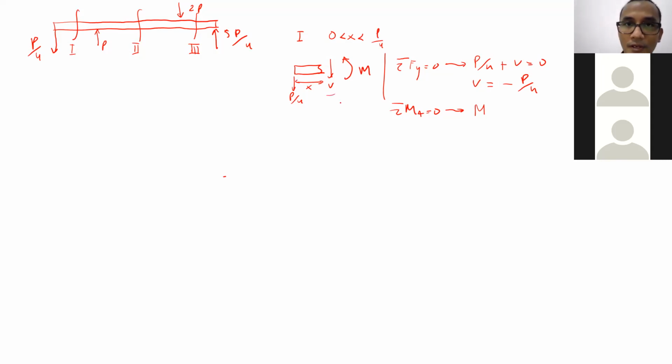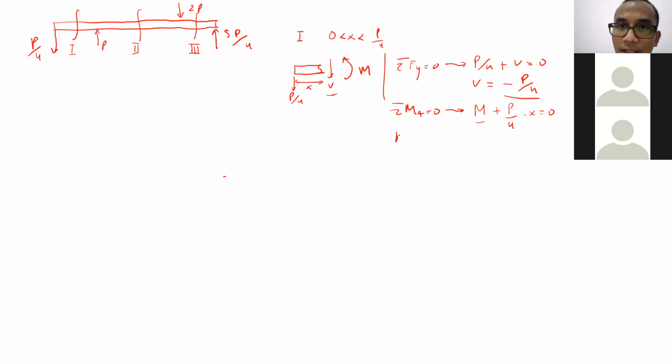Phi is going downwards, right? Moment is positive when counterclockwise. So phi will give a clockwise moment, and it's supposed to be negative. But remember, the value of phi is negative, so in the end it will be positive. P over 4 multiplied by X equal to 0.